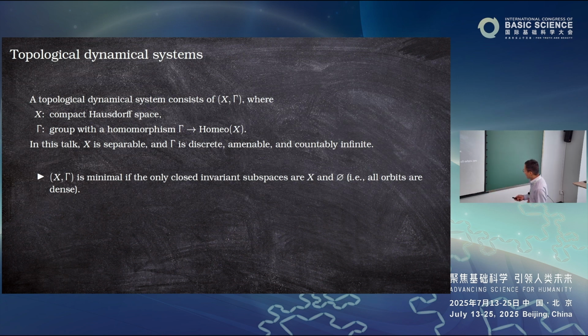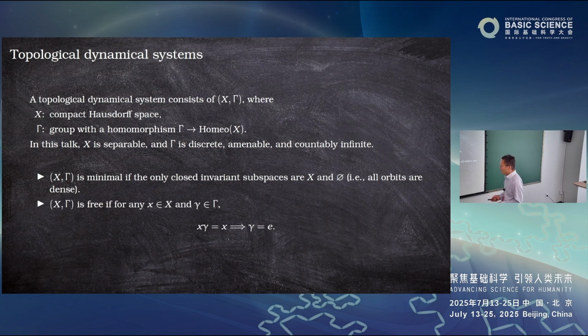Nothing really in between. An equivalent way to say that is that all the orbits are dense. And we also only look at free dynamical systems. Free just means that the orbit of any point x is exactly a copy of the group, so the stabilizers are trivial.